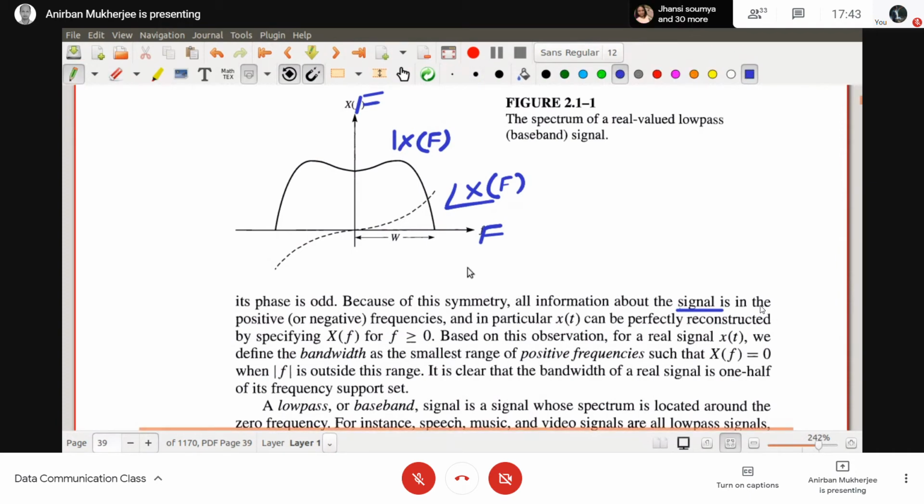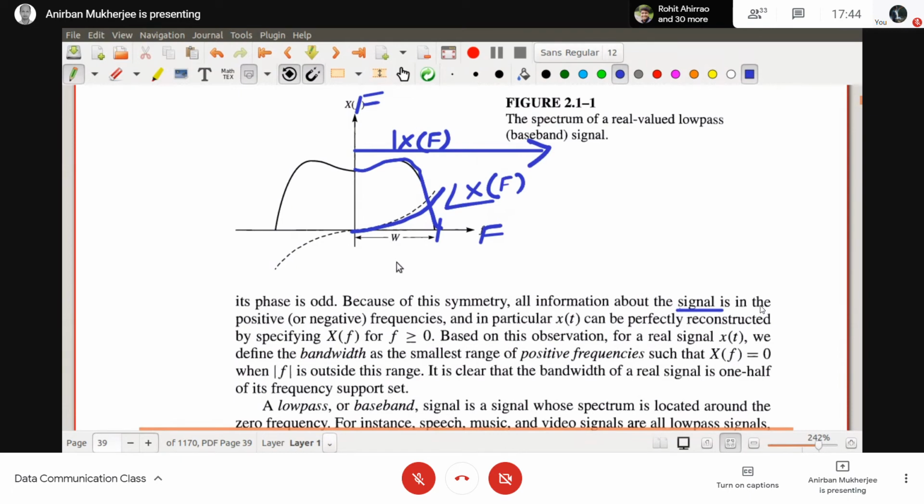If you take any real signal and do the Fourier transform in some standard package, you will see the magnitude response is even and the phase response is odd. So if you have only this part of the spectrum, you will have the other part because you know this is even and that is odd. For a real signal x(t), we also define the bandwidth W, which means where the frequency ends.